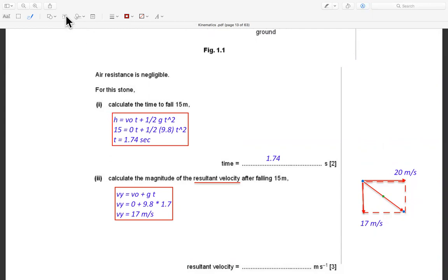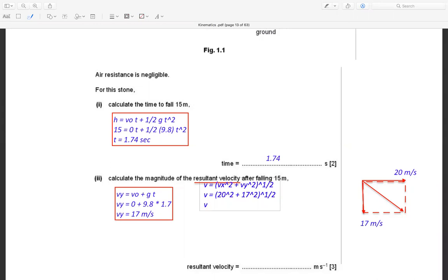So V equals Vx squared plus Vy squared, and then we root it, power a half. So V equals 20 squared plus 17 squared.